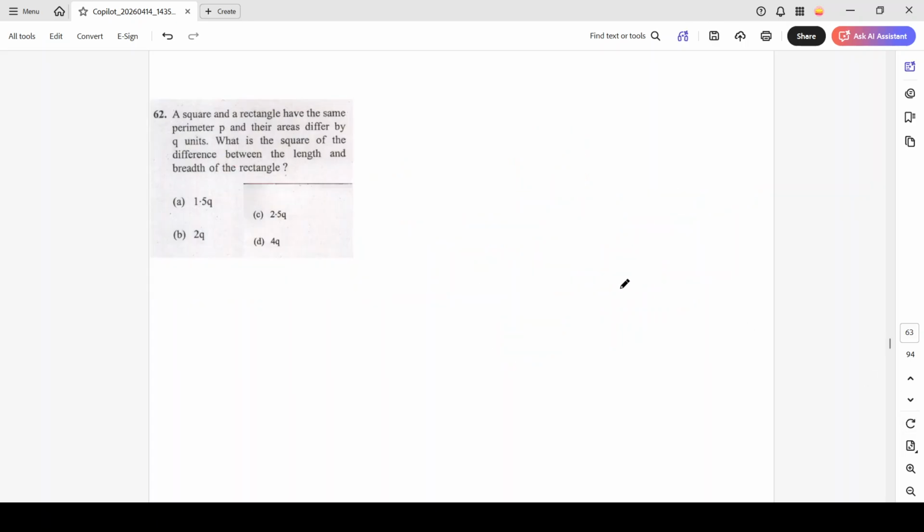See, so now question number 62: a square and a rectangle have the same perimeter P. That means 4A is equal to 2(L plus B). Their area difference, what is the area difference?